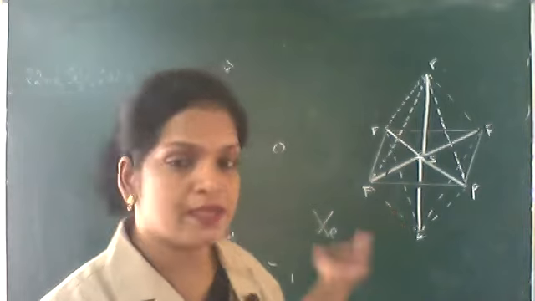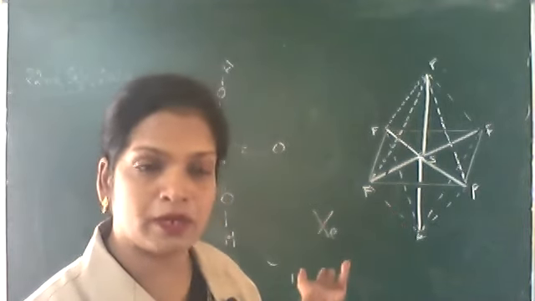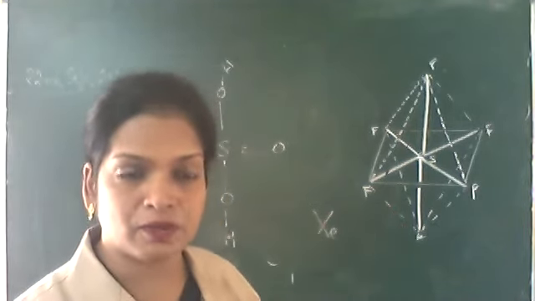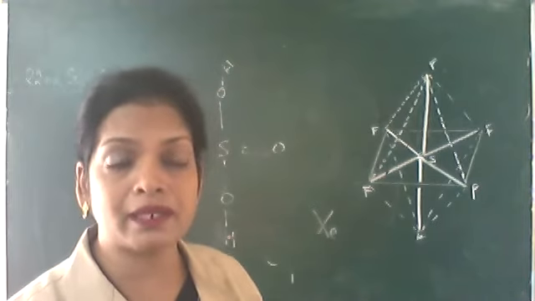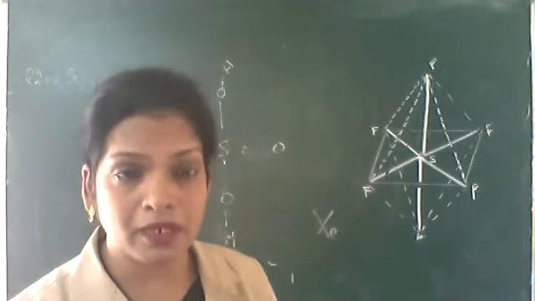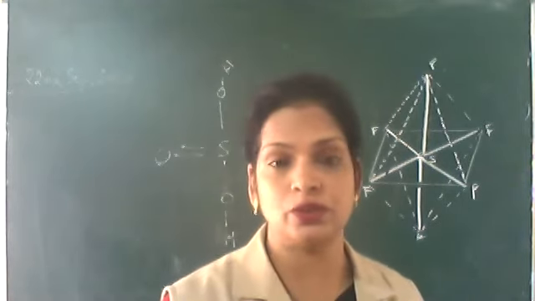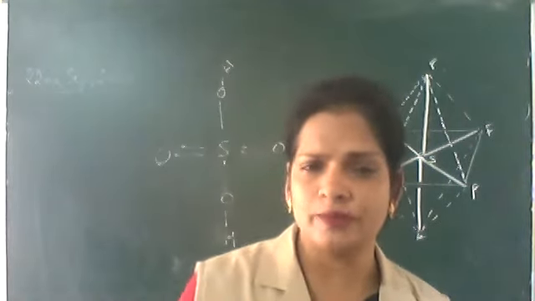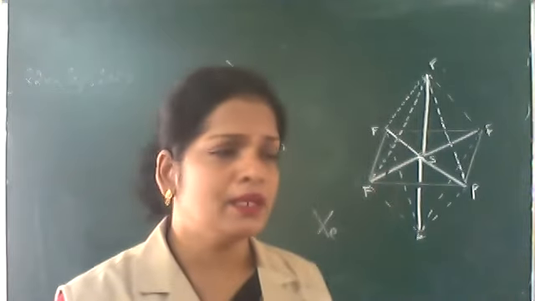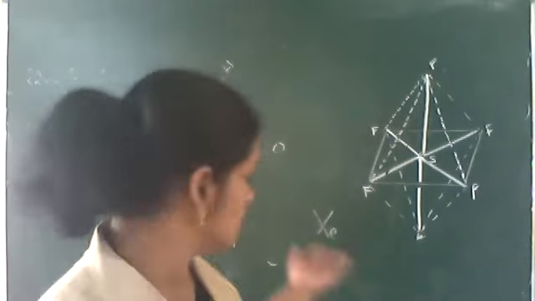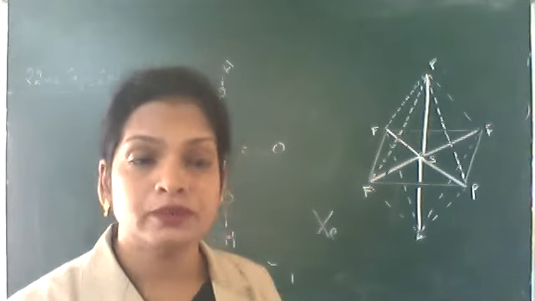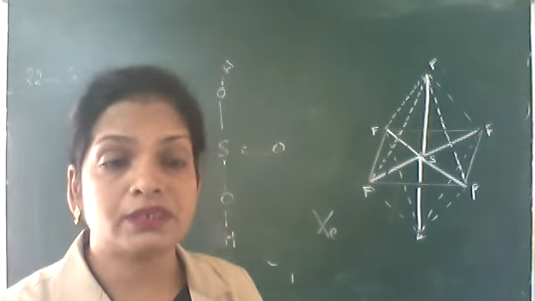Xenon is a noble gas with 8 electrons in the outermost shell, yet it takes part in many reactions and makes compounds like XeF2, XeF4, XeO2F2, XeOF4. Similarly, many compounds of xenon are formed. So this is a limitation of the octet rule.